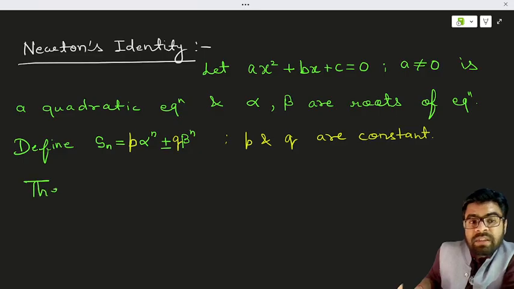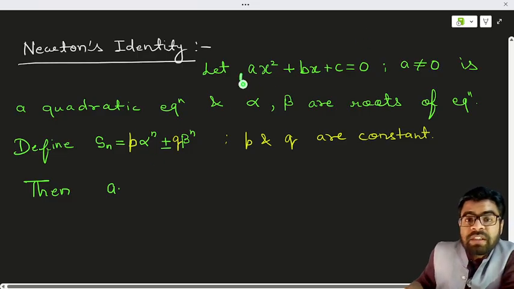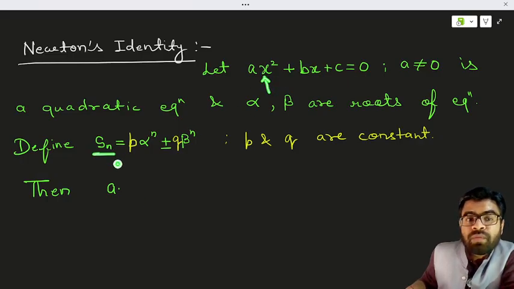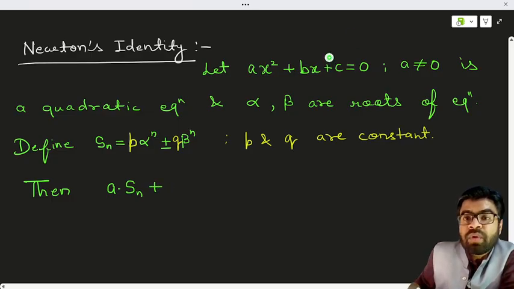Then in this case, what relation is always true? a times, see what I'm doing, this is our quadratic equation, so I am replacing x square with the help of Sn. So what we get is a times Sn, then plus, what is the next thing?